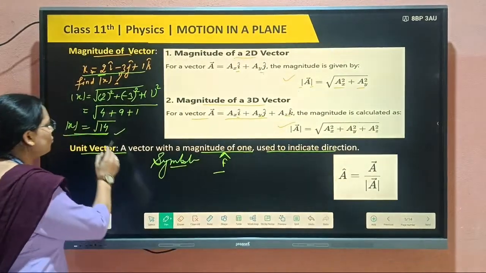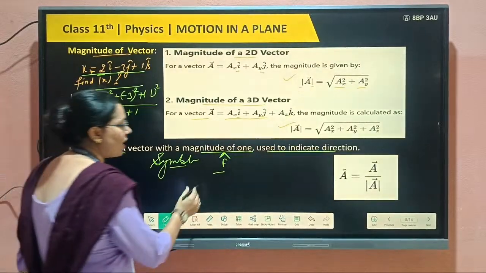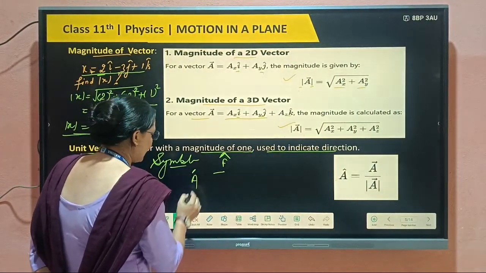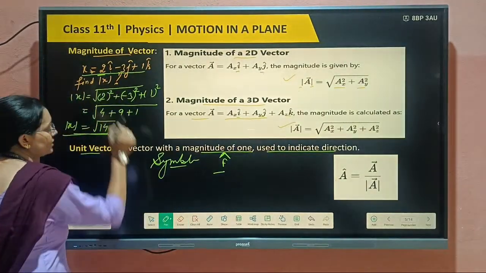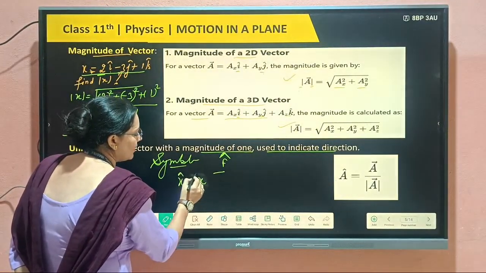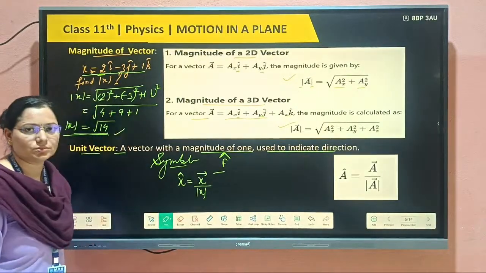If you want to find the unit vector of this vector, how can we write it? We have taken x as this vector. So the unit vector of x we can write as the x vector divided by the magnitude of x.